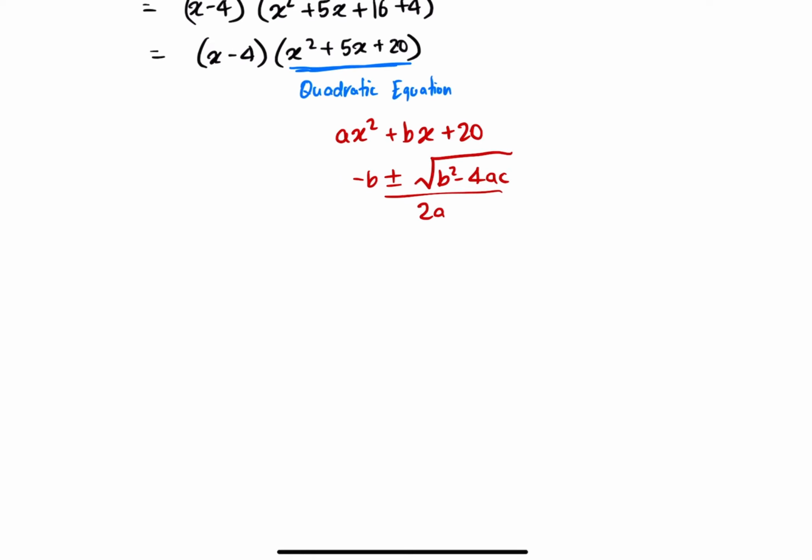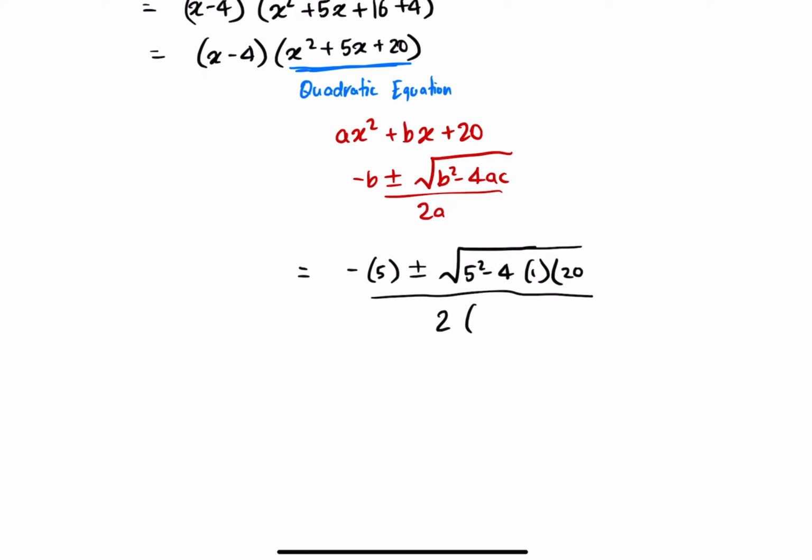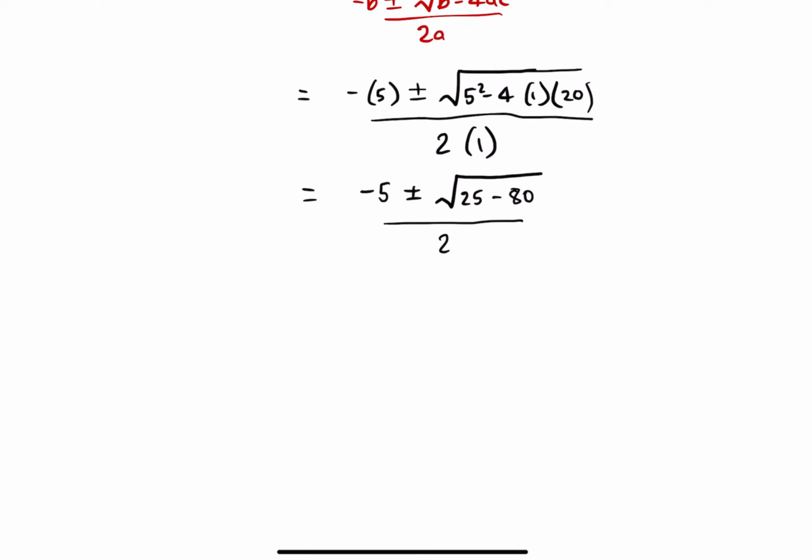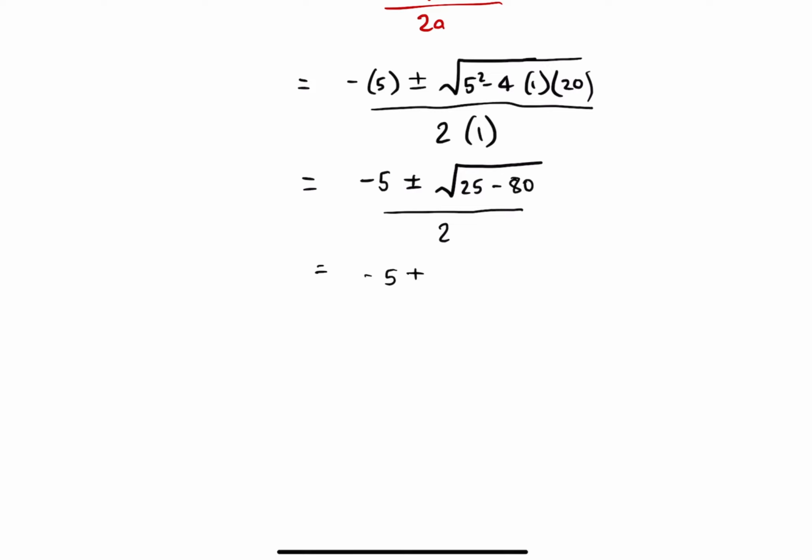Plugging the values into that, we'd have minus 5 plus or minus the square root of 5 squared minus 4 times 1 times 20, divided by 2 times 1. So this gives us minus 5 plus or minus the square root of 25 minus 4 times 20, which is 80, divided by 2.